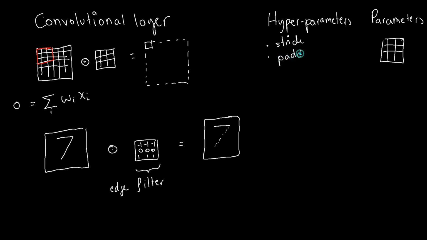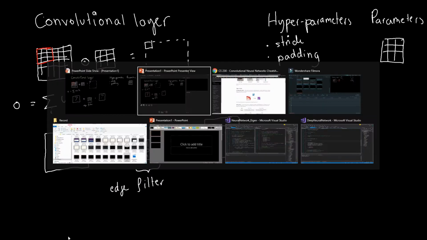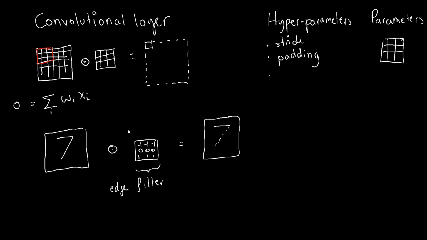We also have padding in this layer, and I think that's all. We don't have too many hyperparameters to see here. Another hyperparameter that we can set is the filter size: the filter size in X and the filter size in Y.